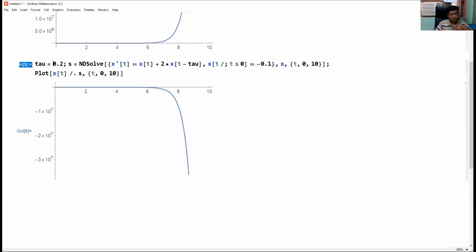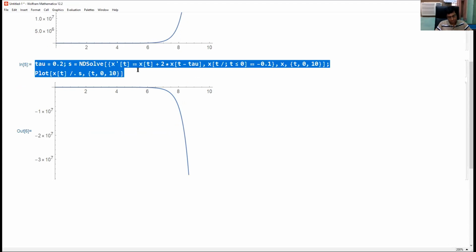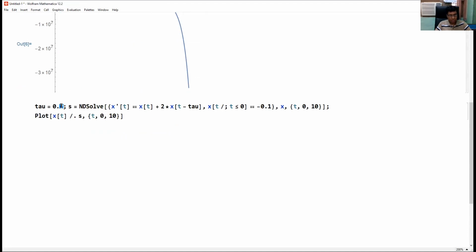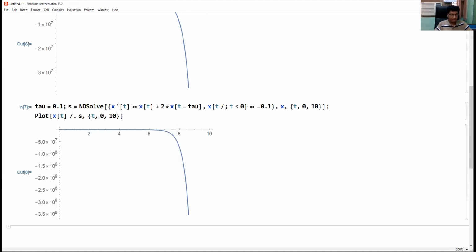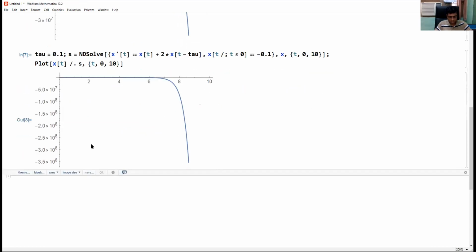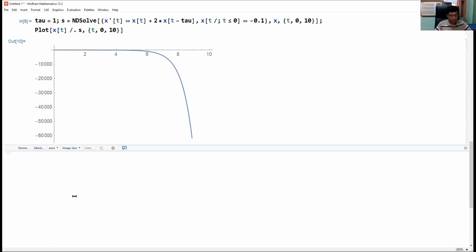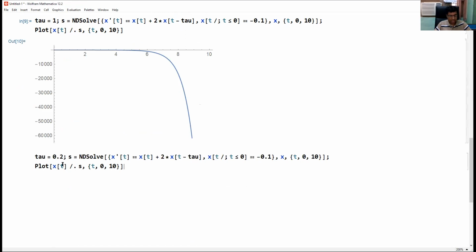This delay we can change, whatever we want, we can take. Say the delay is 0.2, we may take 0.1, and we can check that it is unbounded. Let us take delay equal to 1, unbounded; bigger than 1, say 1.5 or 2, whatever you want.